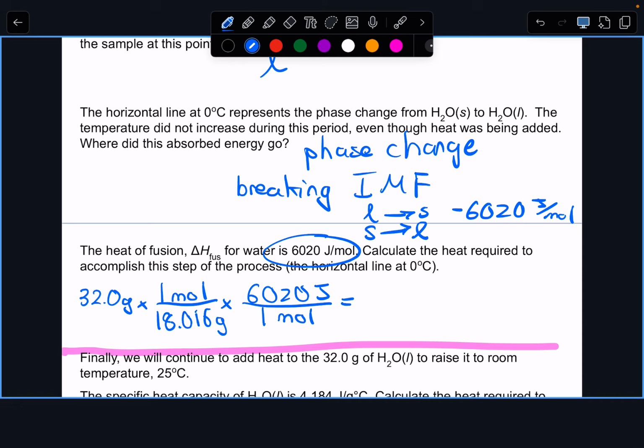So the molar mass for water, dividing by that, 18.016, I get the moles, which is about 1.78 moles, and then I multiply that by that heat of fusion. Okay, so this comes out to be 10,693 joules.